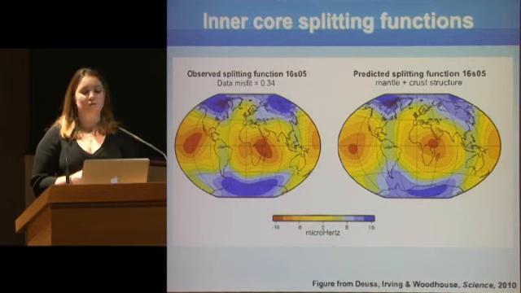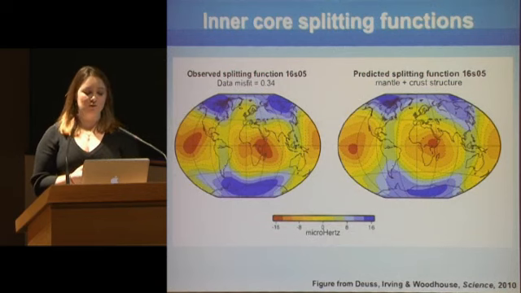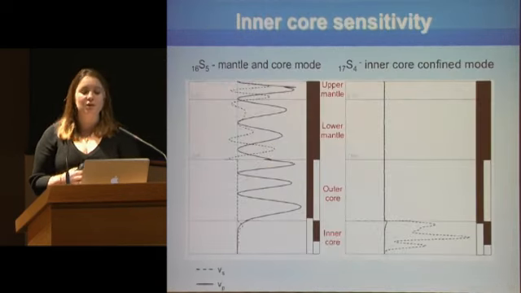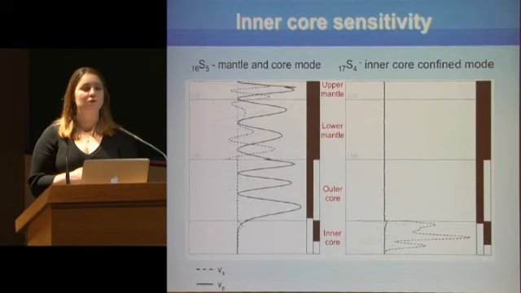I've told you already that if we just look at one mode in an isolated self-coupling calculation, we're not sensitive to odd degree structure. But if we can look at a pair of modes and the splitting function of that pair, then we can look at odd structure.